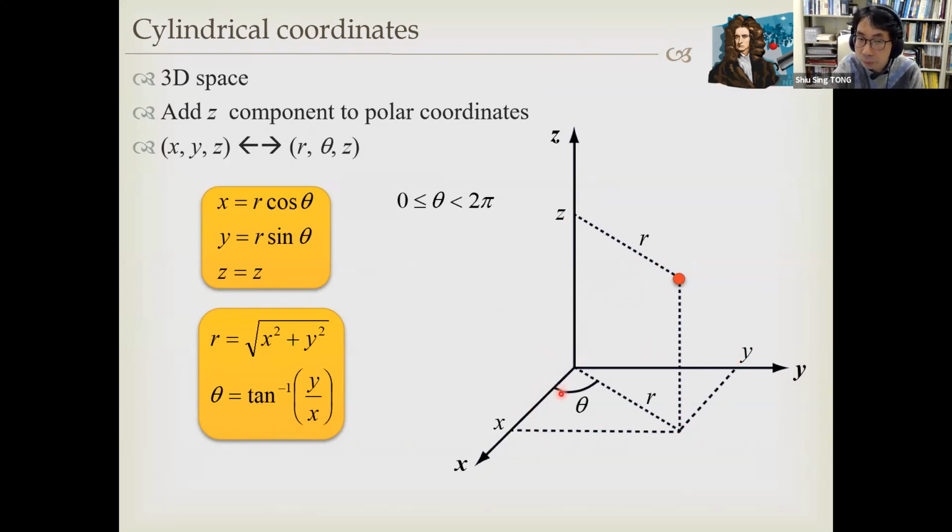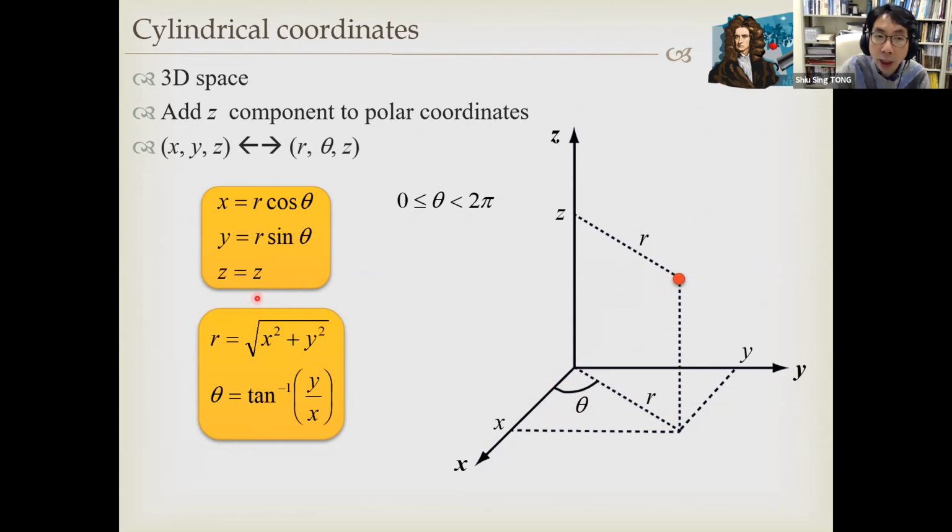So the x and y components are just following what we have for the polar coordinates. The length r is the distance of the point from the z-axis. So this length r is the same as this length r. So the x coordinate is r cosine theta, while the y coordinate is r sine theta. And the z coordinate is simply the height of this point above the xy plane. Okay, it's just the same as Cartesian coordinate.